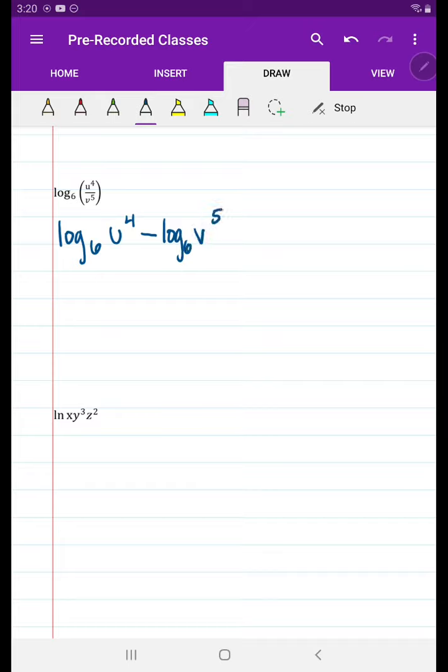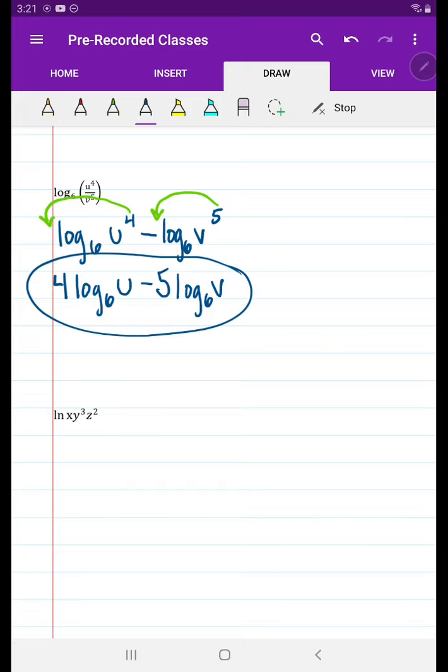And then the next step is to take these exponents and throw them in front as coefficients. So if we do that, we'll have 4 log base 6 of u minus 5 log base 6 of v, right? And so that's our answer there, and we're all done.